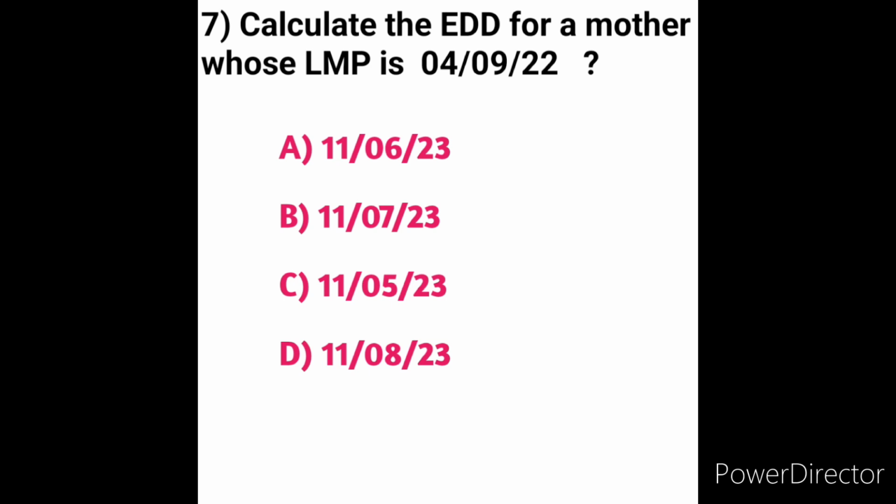In this option, 2022 means we will get 2023. Here we add 7 days to the 4th, and we will get the 11th date. Here the month was 9th, so you have to add 280 days. Correctly we will get option C, 11/5/2023. Your answer also, option C, is the correct one.